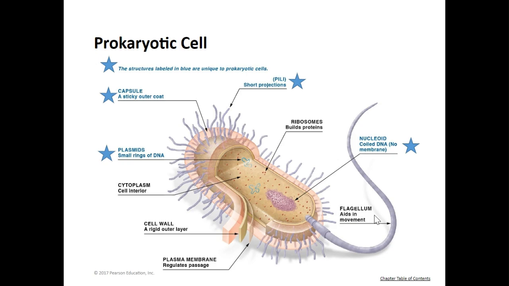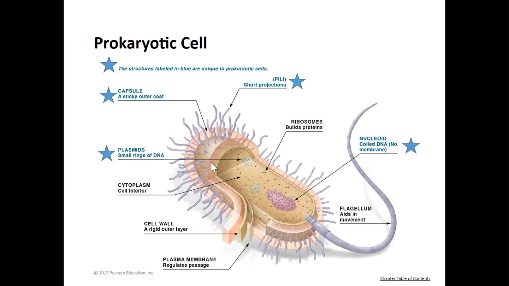And in eukaryotes, we also see flagellum. We have a plasma membrane. So this is a membrane that is around the entire outside of our cell, keeping it together, and it regulates the passage of materials from one side of the cell to the outside world. We have a cell wall. So many critters have cell walls.